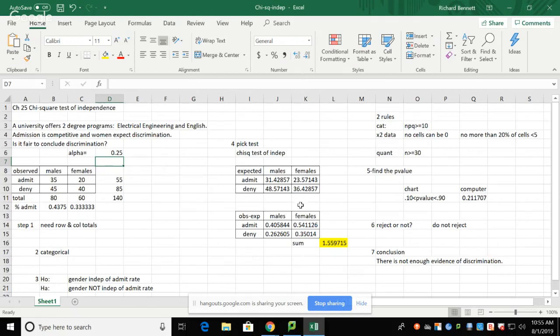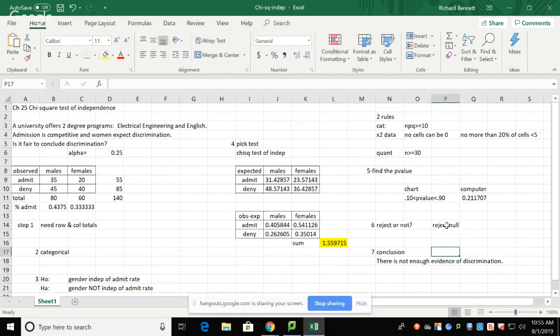Okay, so if my alpha was 25% and I got a p-value of 21%, in that case, what would I say here? If my alpha was 0.25, in this case I would reject the null, okay?